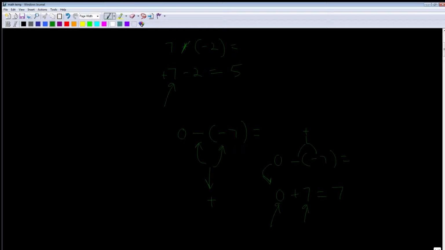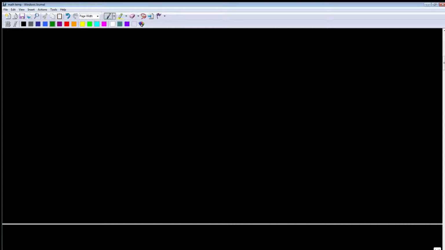Let's do some problems. Here's a good one. Negative 18 minus negative 18. What does that equal?